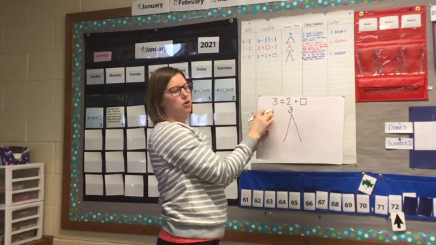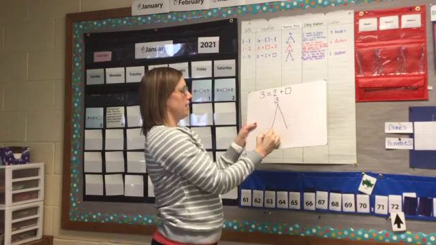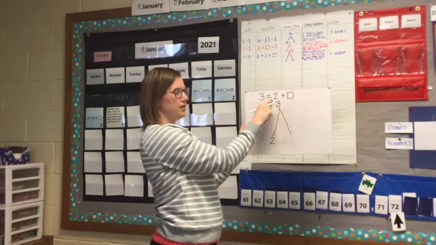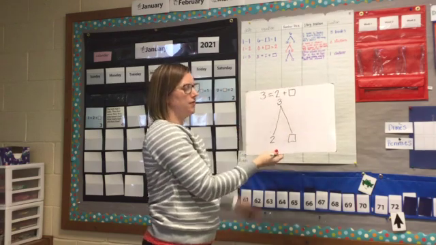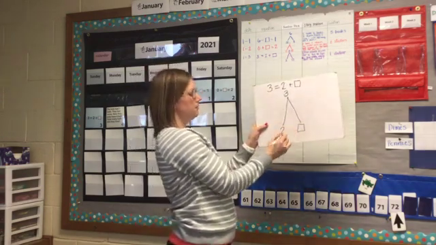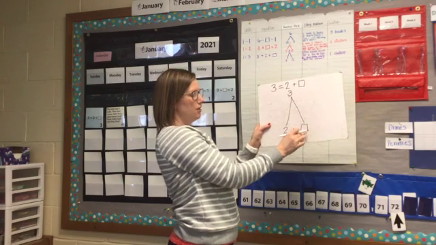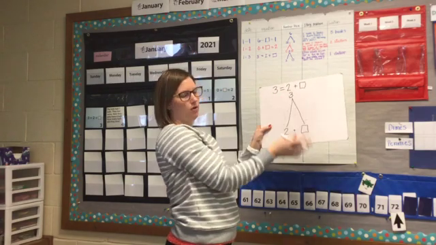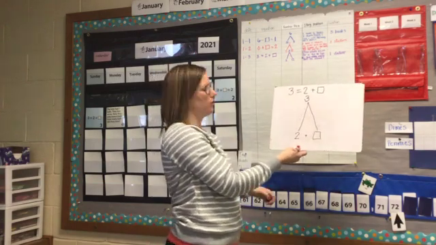My total is 3. Okay, so I know I have 2. That's one of the partners. And then this is my unknown partner. That's what's missing. And when you look at a number tree, you will always add the part plus the part to equal the whole or the total. Partner plus a partner equals a total.